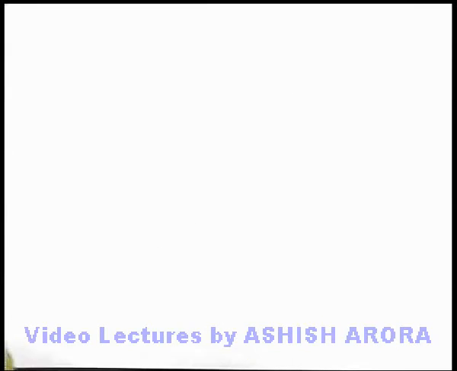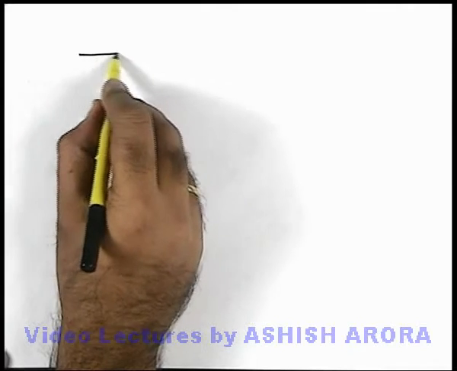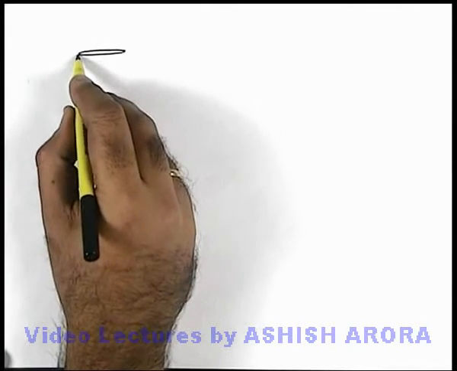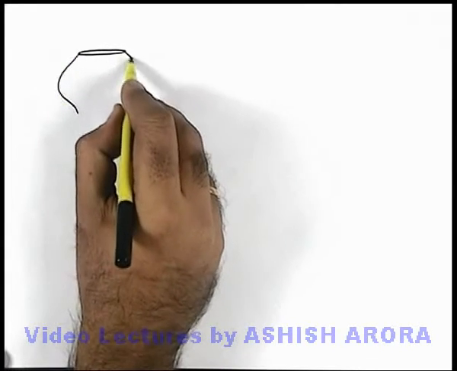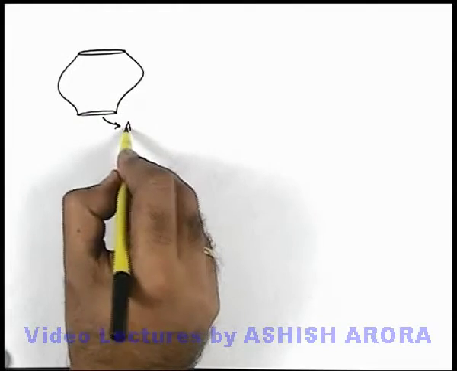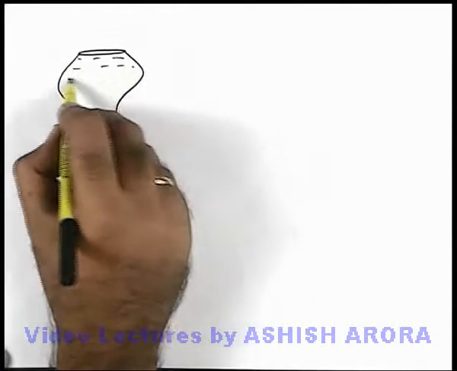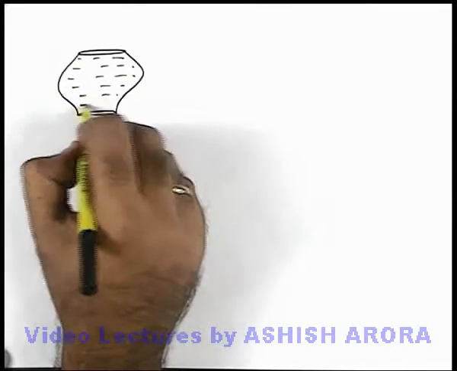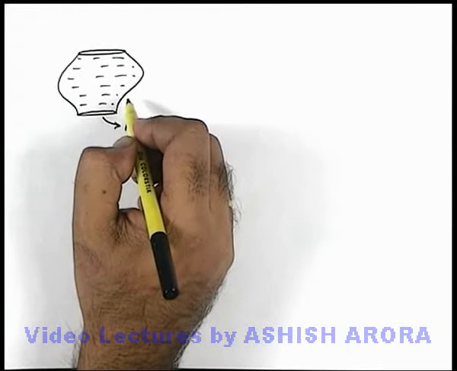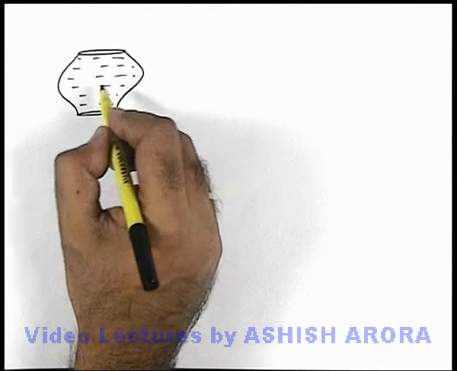Let us discuss a few more situations. Say we are given a vessel of such a shape in which the top is circular and the side walls are given like this, and the bottom has a cross-sectional area A. If it is filled with a liquid, the liquid is pushing the side walls normal to the surface, and the side walls are exerting a force on the liquid in the opposite direction.